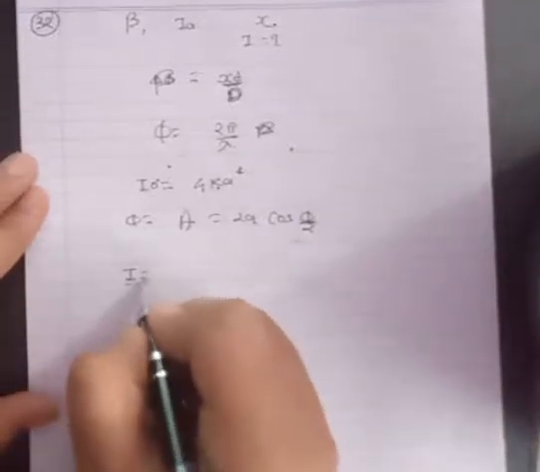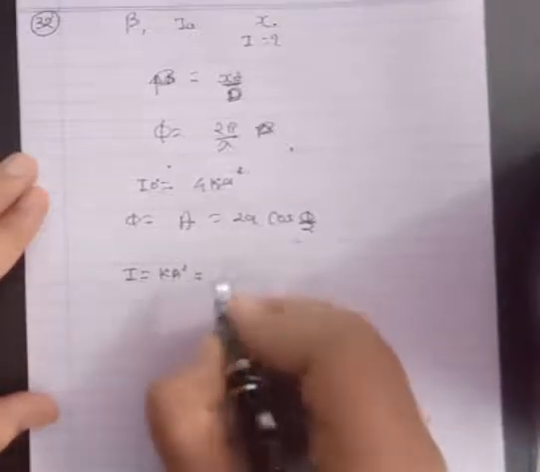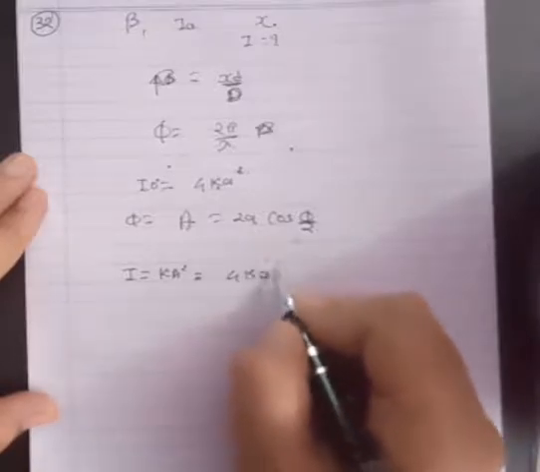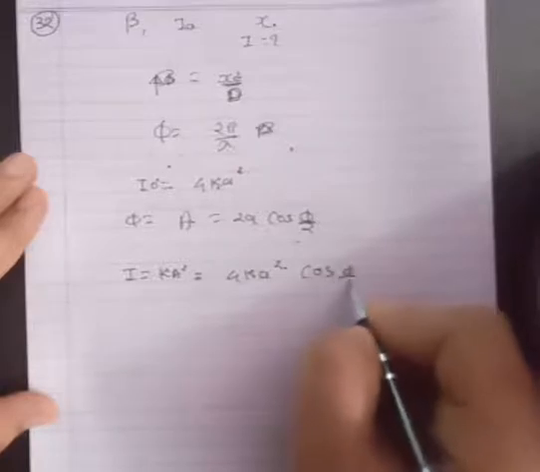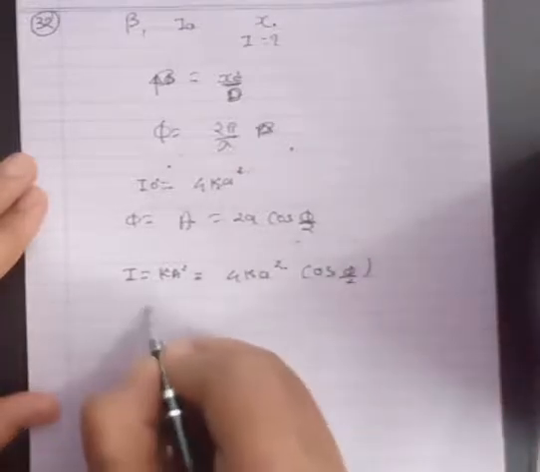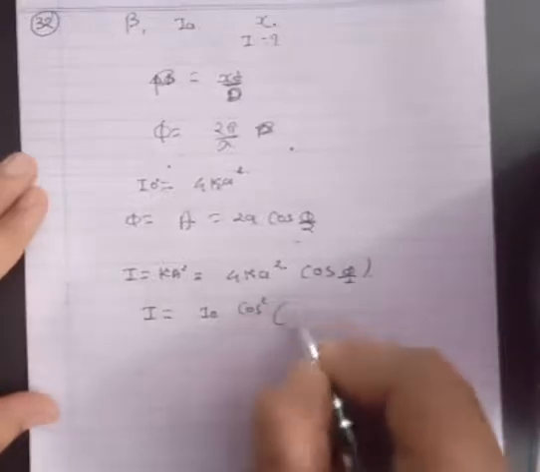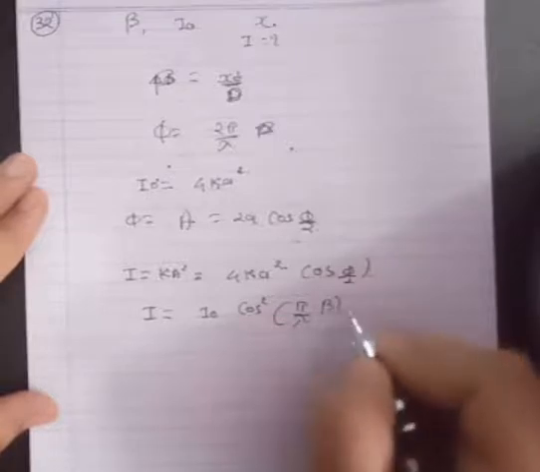The intensity I is equal to KA square, which is equal to 4K small a square into cos square of phi by 2. So intensity I is equal to I0 cos square of pi by lambda into delta.